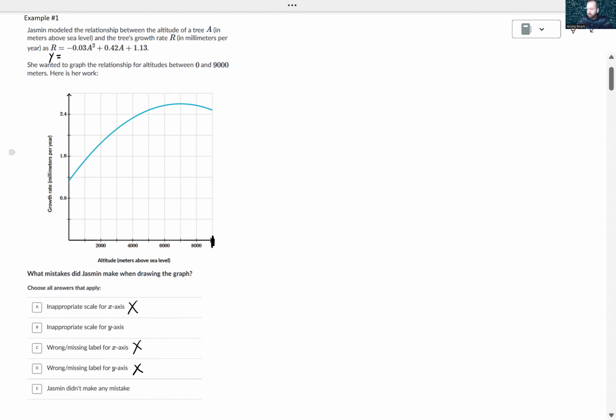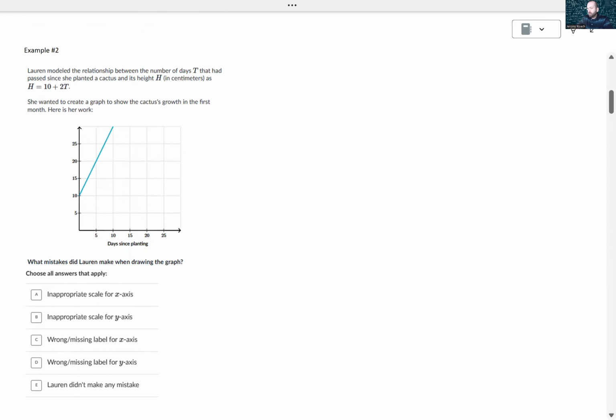If the graph was smaller and there was a bunch of extra room at the top, then maybe we could argue that it's not a correct scale, but it looks basically to scale. So in this case, there are no mistakes on this graph. But I think that's a good example to start with so that we can see what sorts of qualities we're looking for in terms of the x-axis and the y-axis.